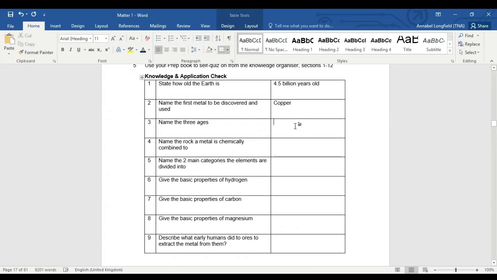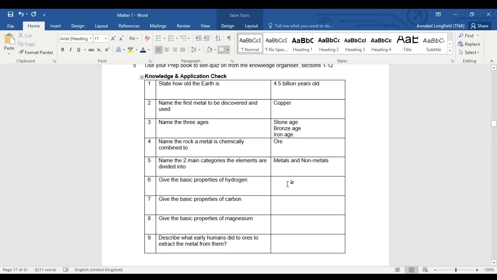The three ages are the Stone Age, the Bronze Age, and the Iron Age. The rock that a metal is chemically combined to is called an ore. The two main categories of elements are metals and non-metals.